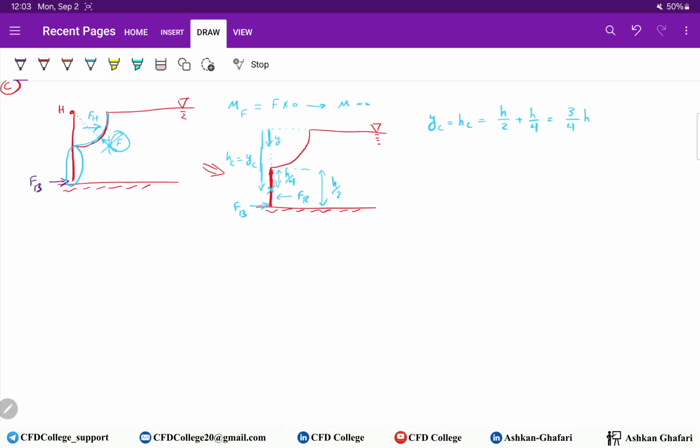And we need to find YR, this distance. YR equals YC plus IXC over YC times area.